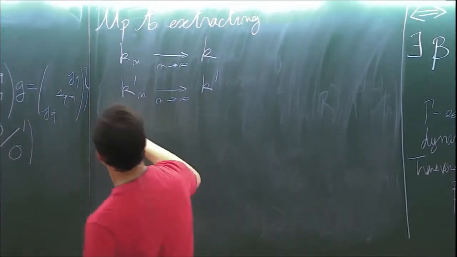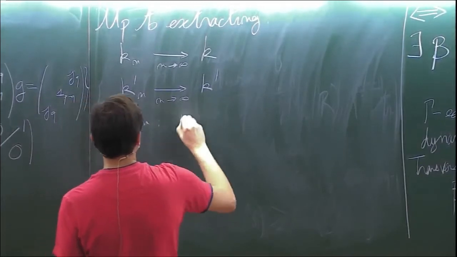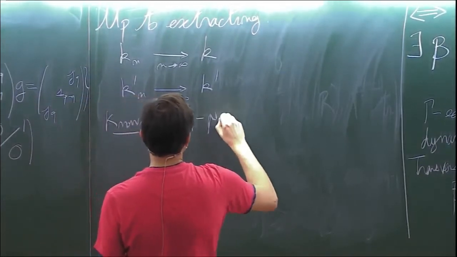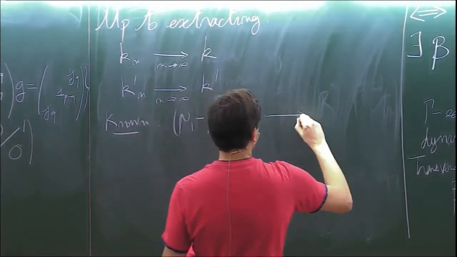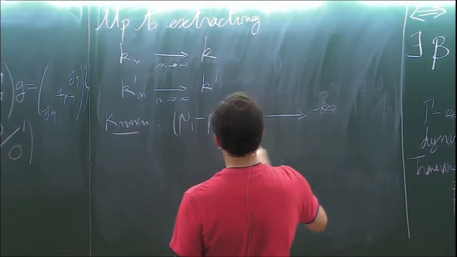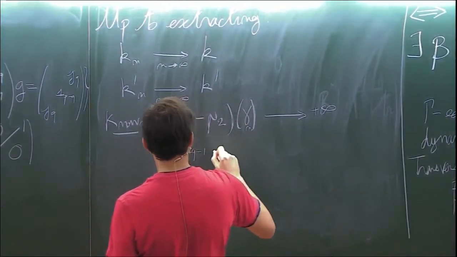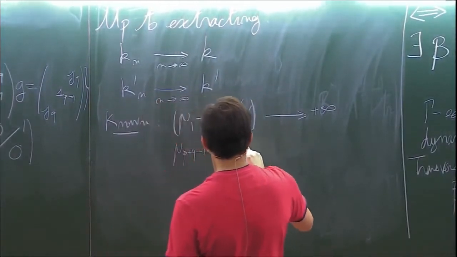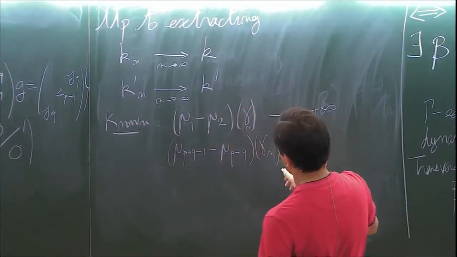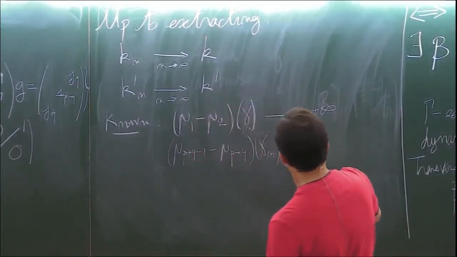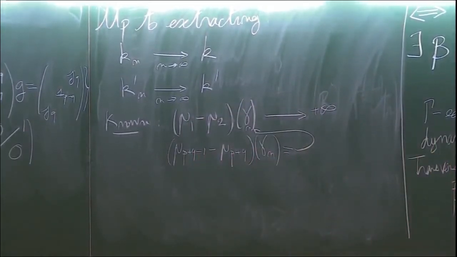And what is known, from the Anosov property, is that mu1 minus mu2 of gamma n goes to infinity, and mu p plus q minus 1 minus mu p plus q of gamma n, which is equal to this, also goes to infinity.